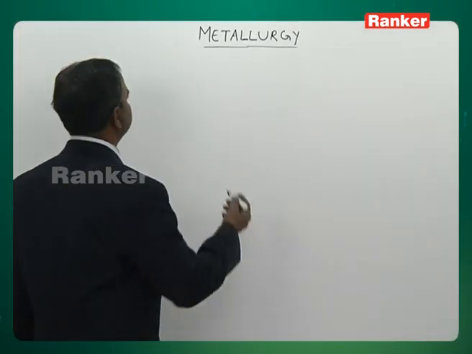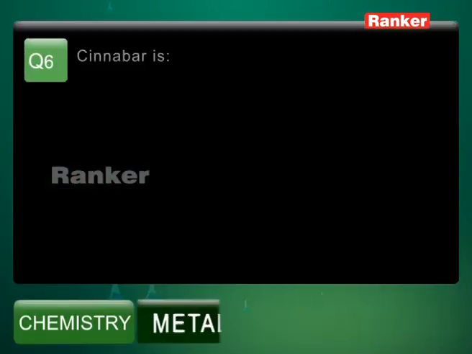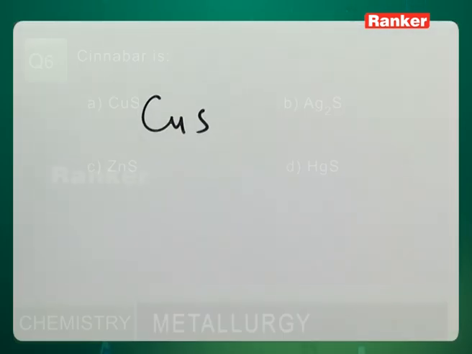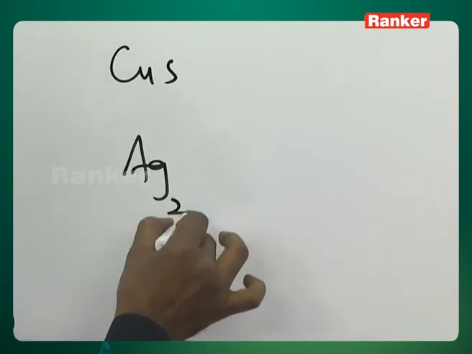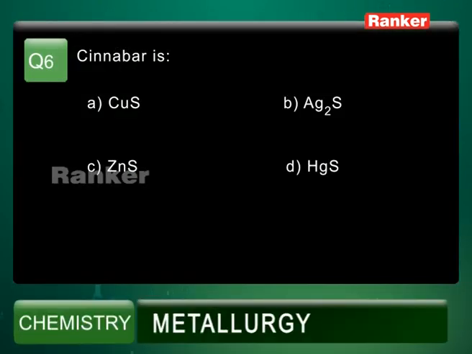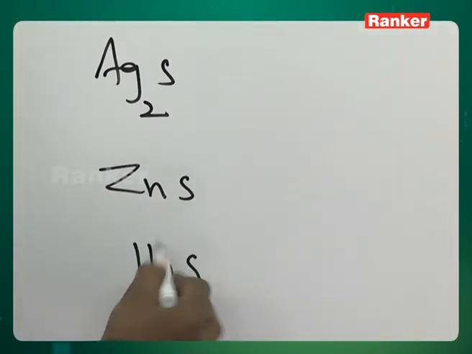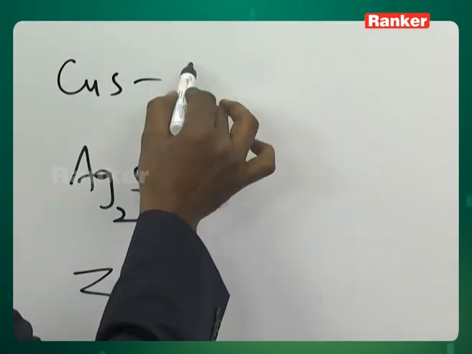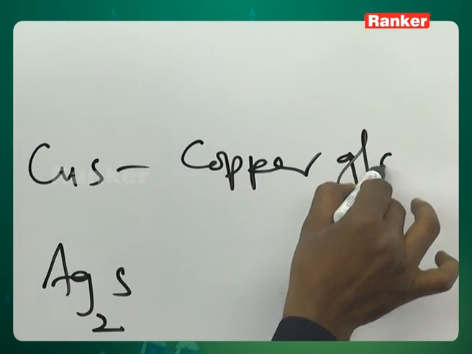Question number 6, cinnabar is an ore of. The options are CuS, Ag2S, ZnS, HgS. See, CuS is known as copper glance.